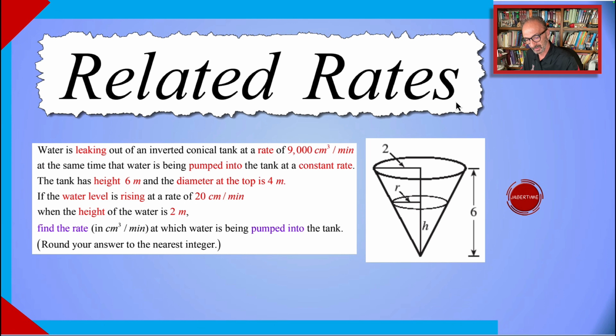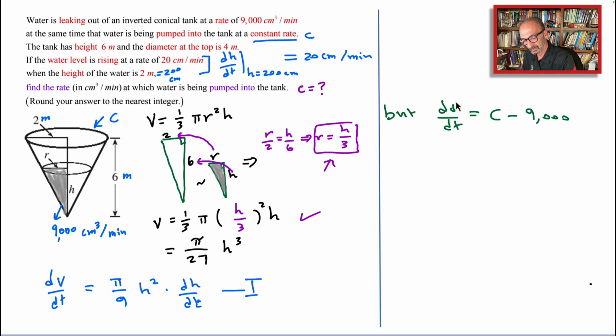So let's call the second one number 2. Okay, now I'm going to do the following. I'm going to set 2 equal to 1.